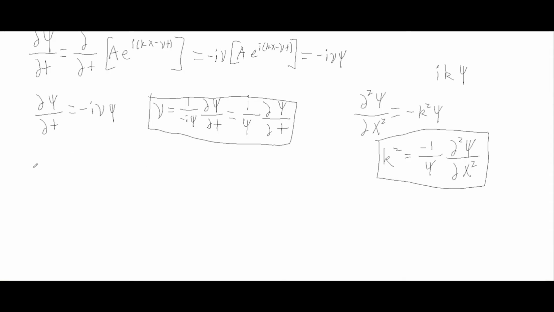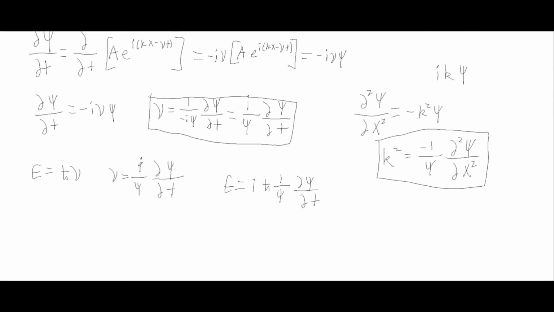Since we know that E is equal to h bar nu, and nu is equal to i over psi, partial derivative of psi with respect to time, then E is equal to i h bar 1 over psi, and then the partial derivative of psi with respect to time, because we're just substituting this in for our nu and then adding this h bar here.